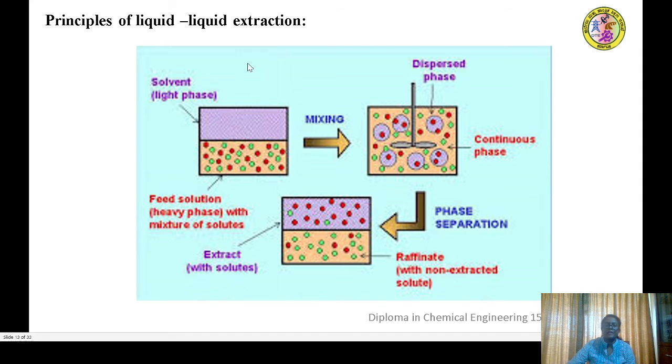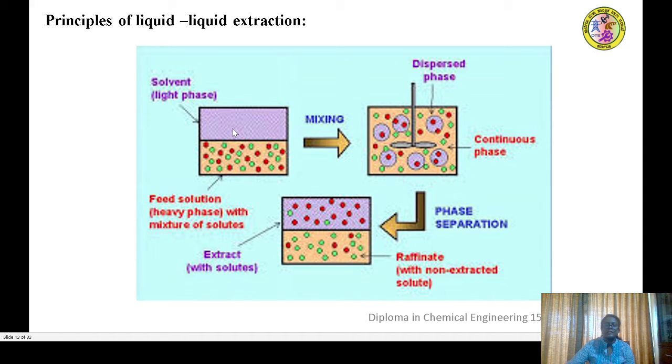Another picture explaining how separation occurs in extraction. So you have a vessel here where there are two immiscible liquid phases. One liquid, you can see, is indicated with the purple color. So this part represents the solvent liquid phase.